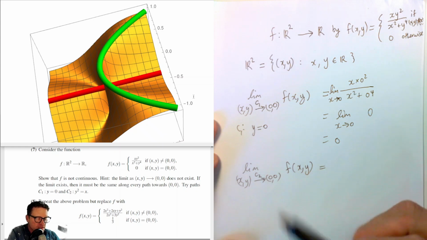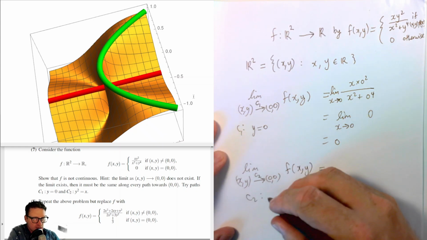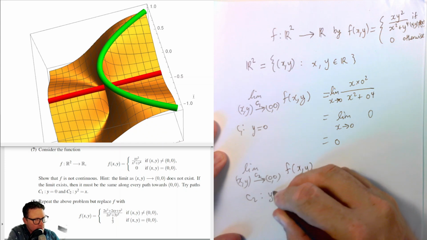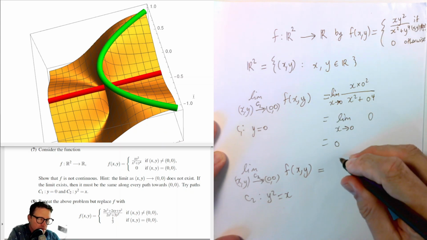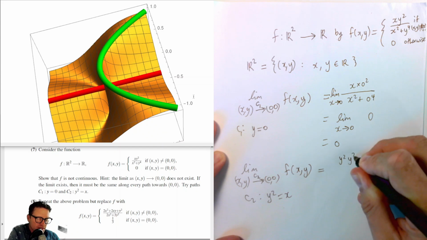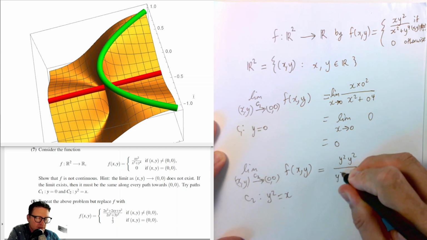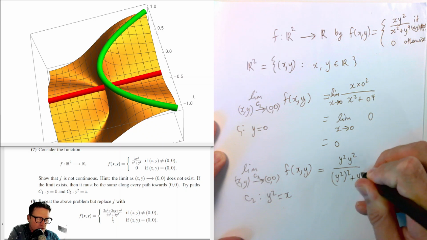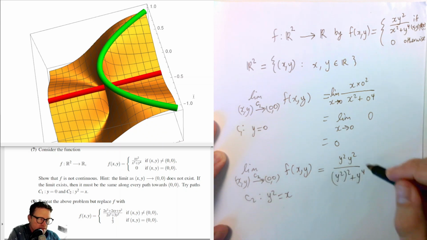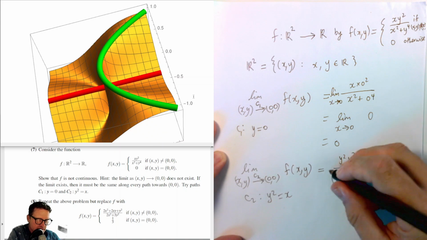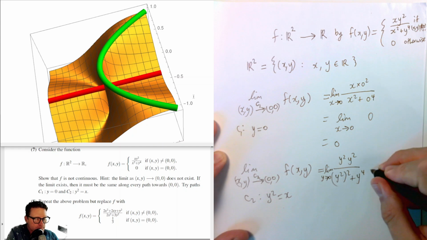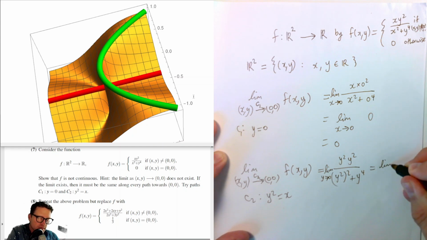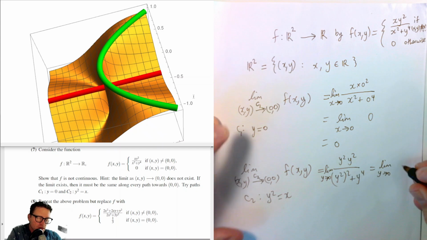And so now what we're going to do, because C2 is the curve or path y squared equals x, everywhere I see an x, I can replace it with a y squared. So we have y squared times y squared over y squared squared plus y to the fourth. And now, since I have y's everywhere, I can consider this as a limit as y goes to 0.